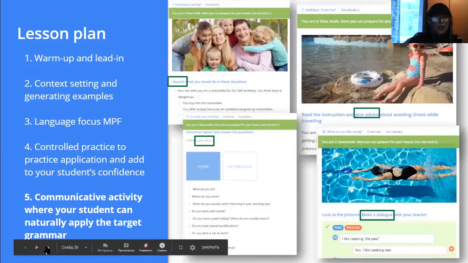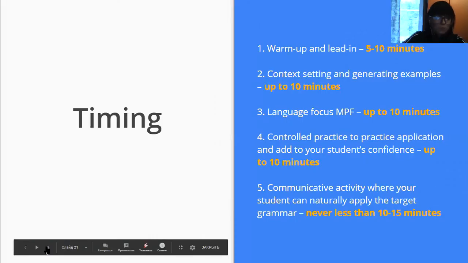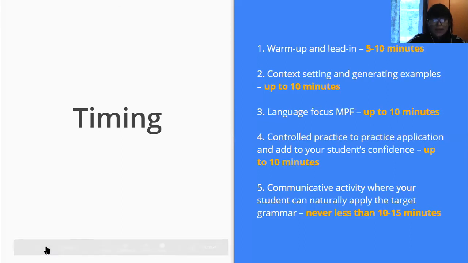And as for timing, I would say, first and foremost, you would have to be aware of a strict sequence of slides. As for the very first stage, warm-up and lead-in, it should take up to 10 minutes maximum. The second stage, content-centered generated examples, should also take up to 10 minutes. The same goes for language focus and controlled practice activity.